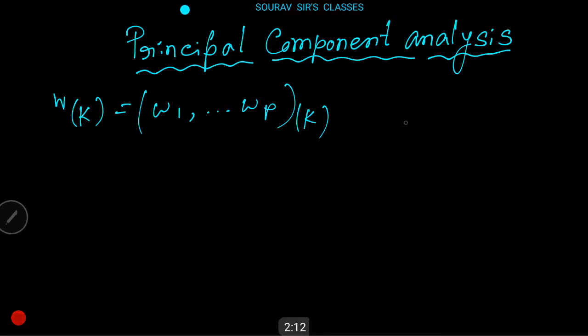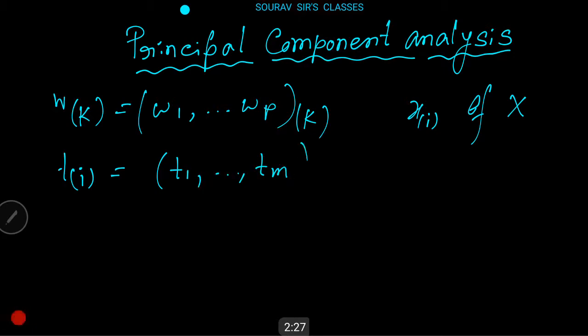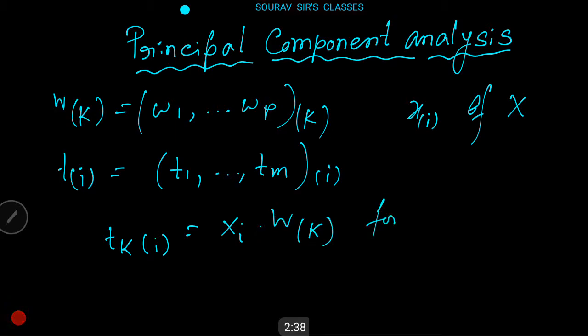that map each row vector x_i of X to a new vector of principal component scores t_i = (t_1, ..., t_m)_i, given by t_k(i) = x_i · w_k for i = 1 to n and k = 1 to m.